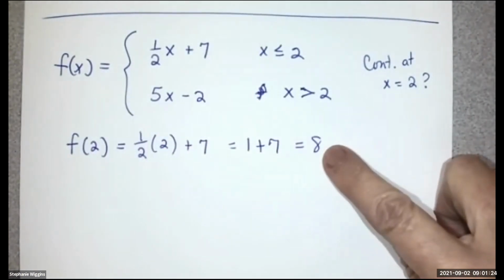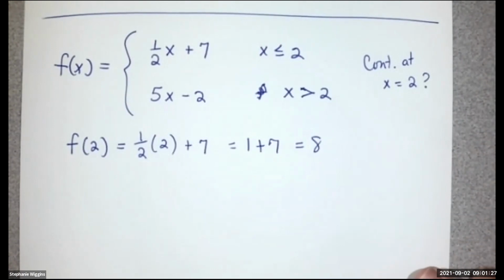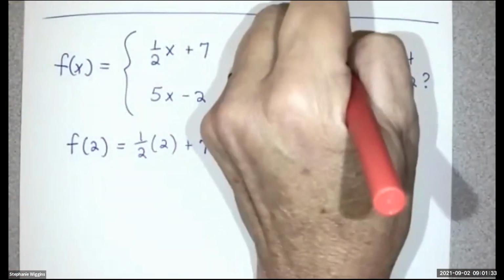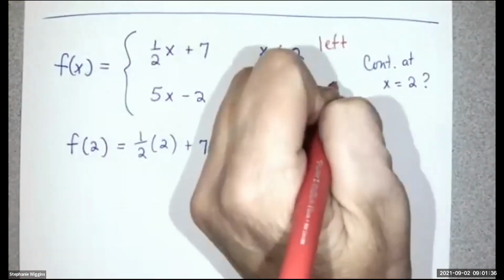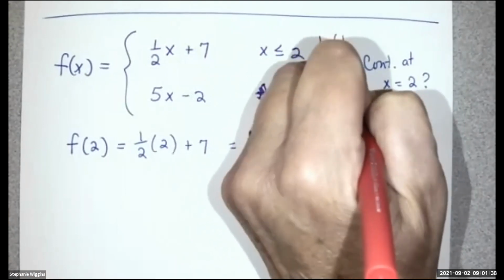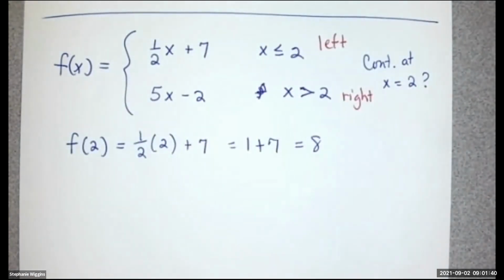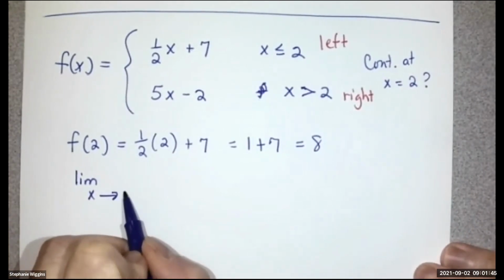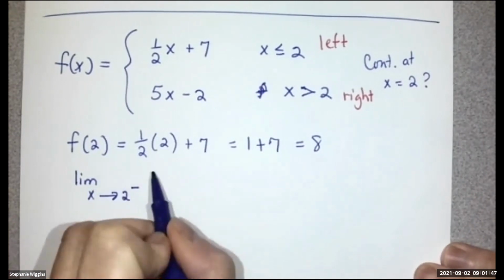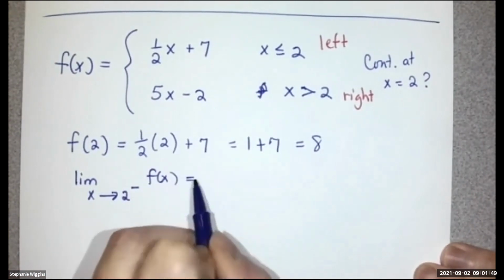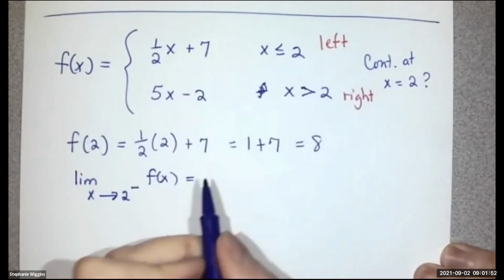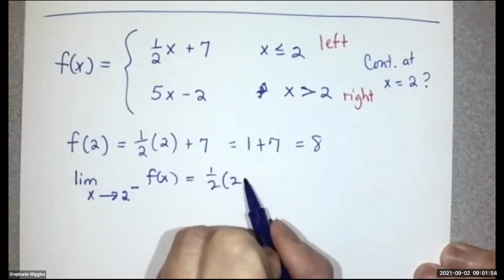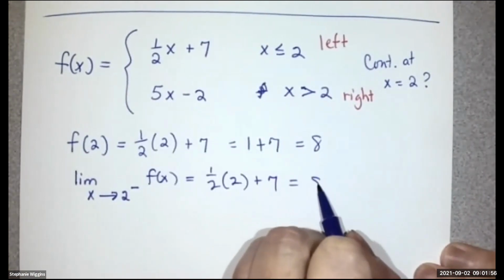All right. Now the limit exists if the left and right hand limits are the same. So here is the left, because x is less than or equal to 2, and here's the right. So the limit as x approaches 2 from the left of our function f of x, we plug it in here, as we just showed, is going to be 8.